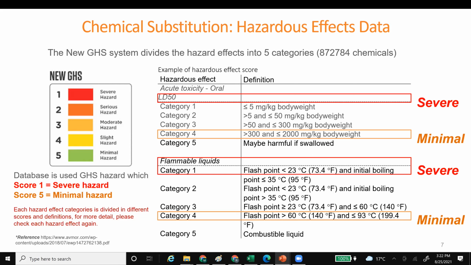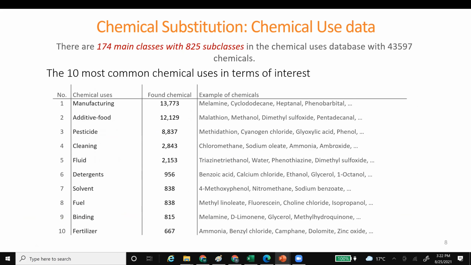What about other properties like chemical use? Which are the chemicals that are being used for different applications? Here we could find data for 43,000 chemicals, which had 174 main classes of use. You see in the column under chemical uses some of the main classes like manufacturing, additive, food, pesticide, cleaning fluid, and so on.